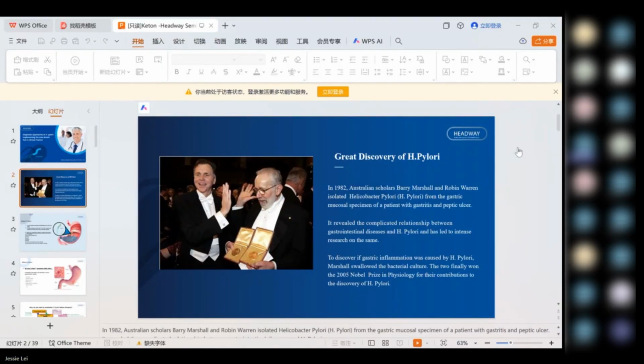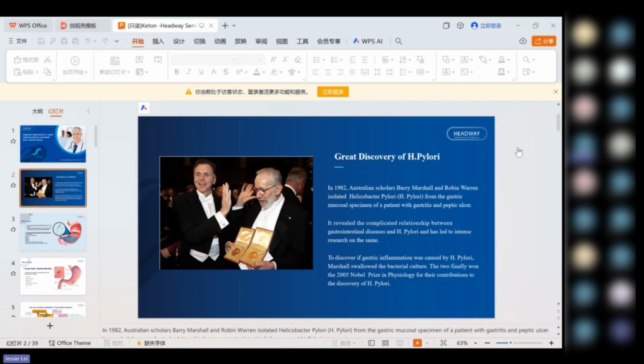Even post-eradication, the cancer risk persists. Therefore, most doctors suggest the primary prevention is to eradicate H. pylori before atrophy and then follow up regularly.